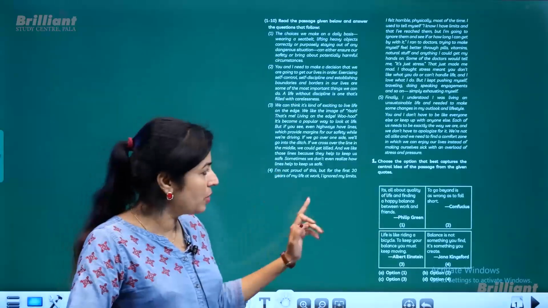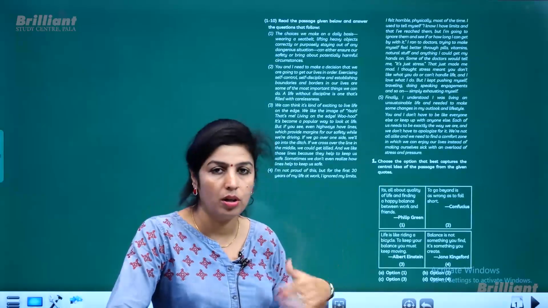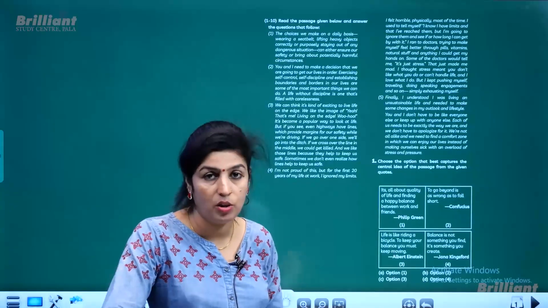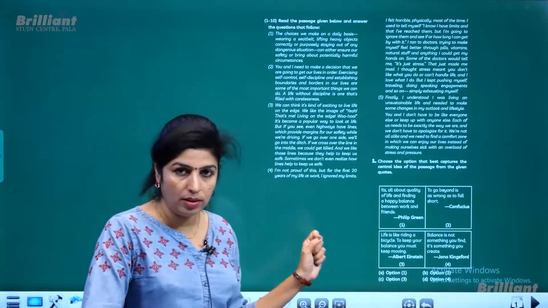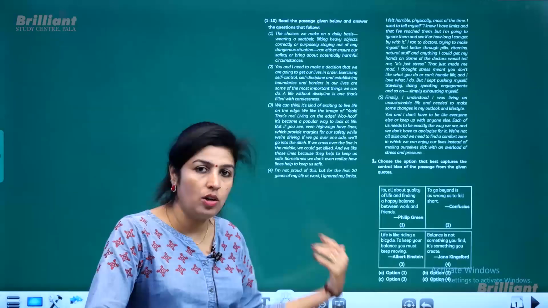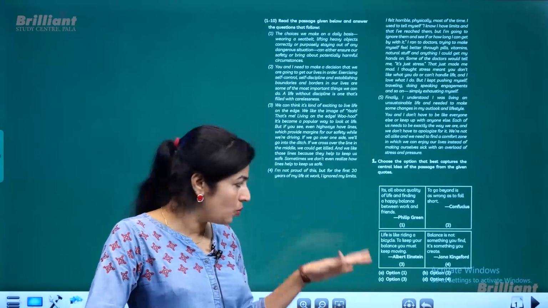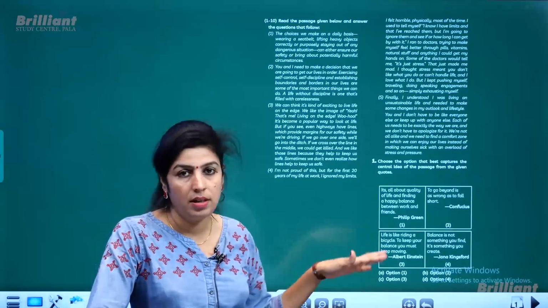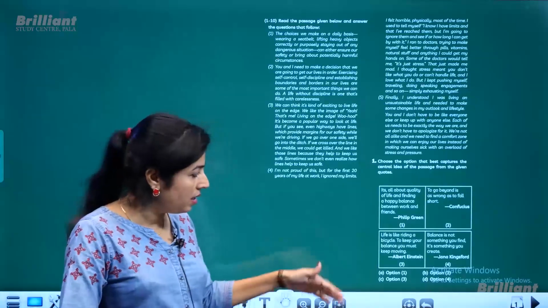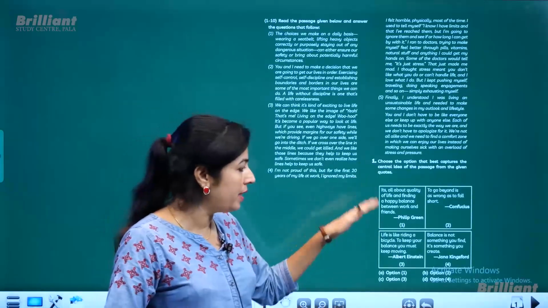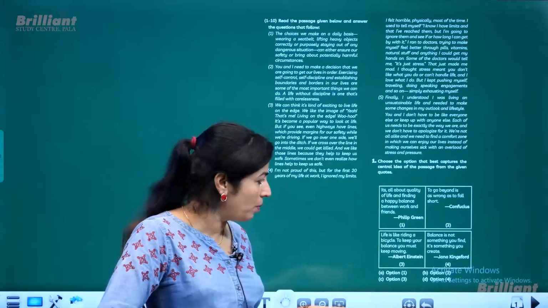Here, 4 options or 4 codes are given, quotations are given, and you have to choose the one which is in accordance with the central idea of this passage. That is why you need to understand the central idea. Only then will you be able to connect the given options with the passage.